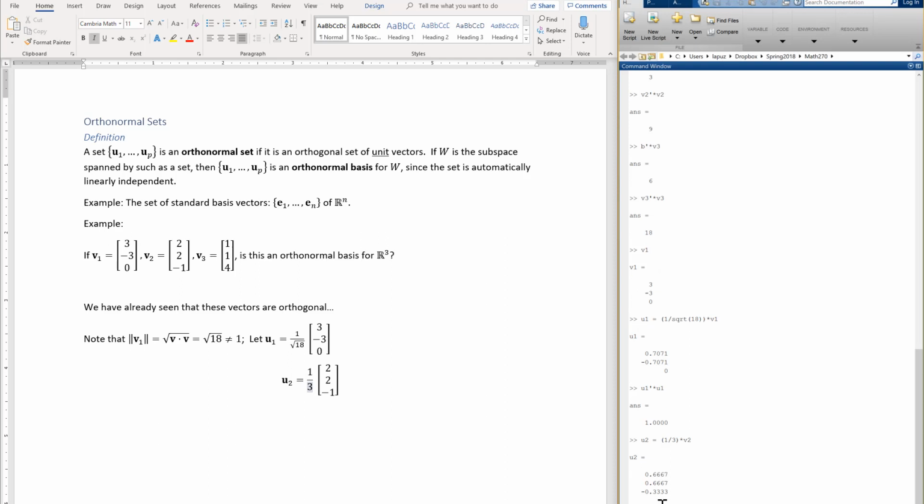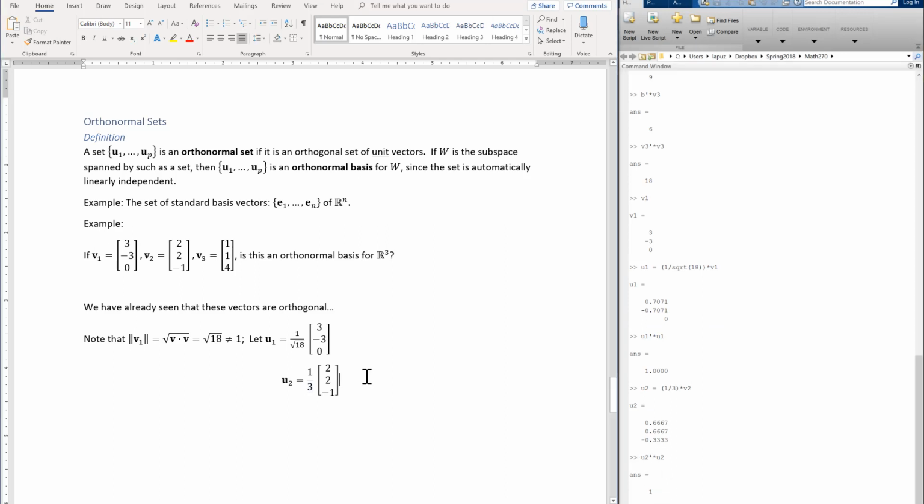And if we try to find the length of that, technically you'd have to take the square root, but if we know that the dot product with itself is 1, then the square root of that is going to be 1 as well. And so we have U2 equal to that, and then U3.